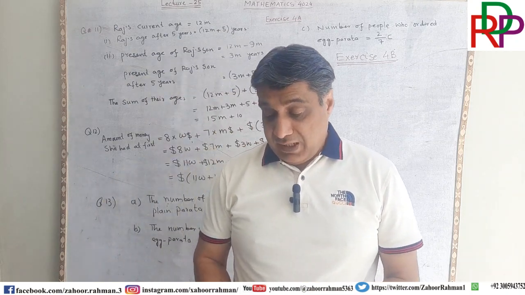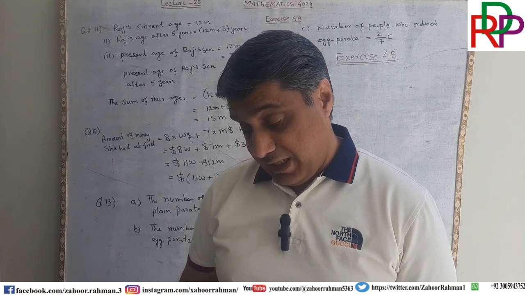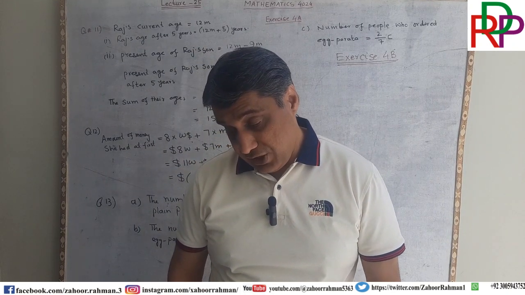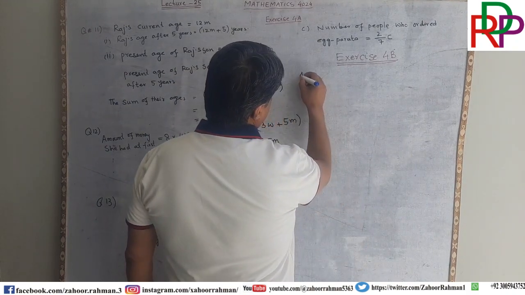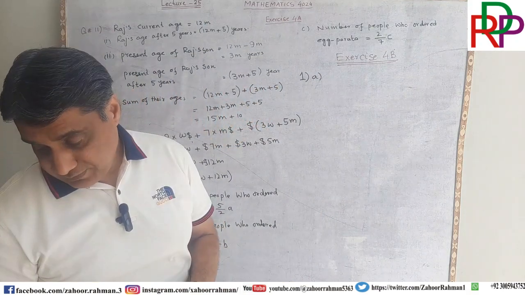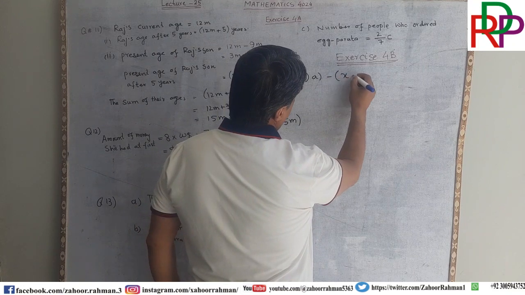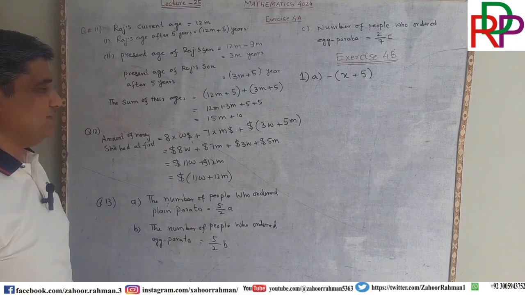Okay. The basic level question number one says: expand each of the following expressions. Question 1, part a, says minus is outside of the bracket, x plus 5. This concept is also very important.